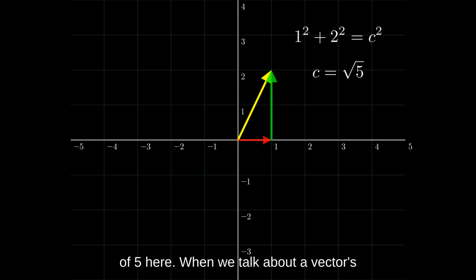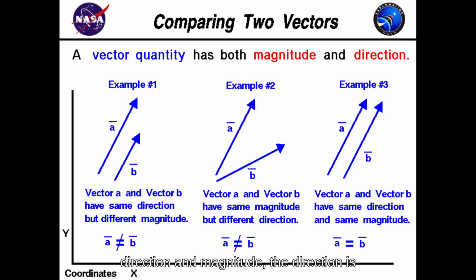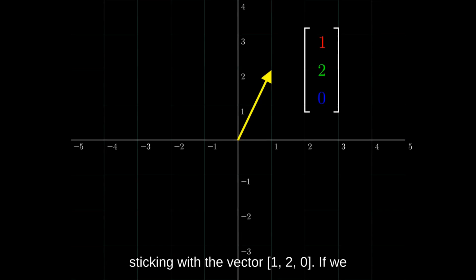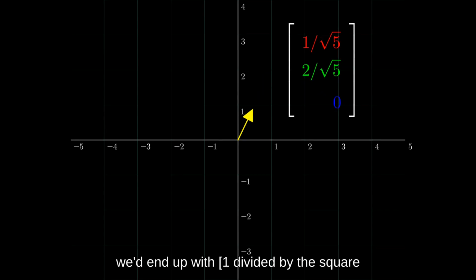When we talk about a vector's direction and magnitude, the direction is almost always a unit vector. That way, the length is always 1, and we don't accidentally scale our objects when we multiply things later. For example, sticking with the vector 1, 2, 0, if we were to make this vector a unit vector, we'd end up with 1 divided by the square root of 5, 2 divided by the square root of 5, 0.